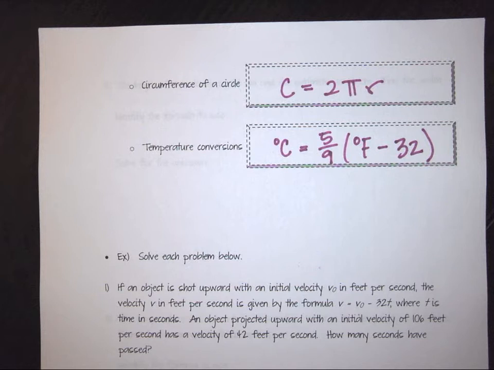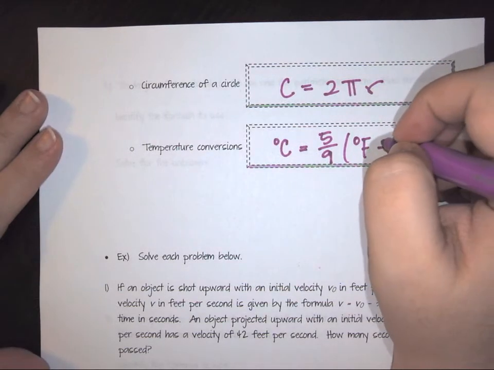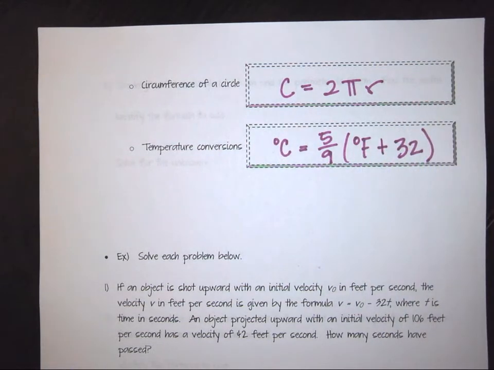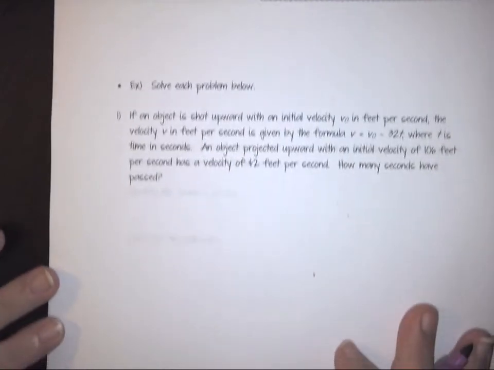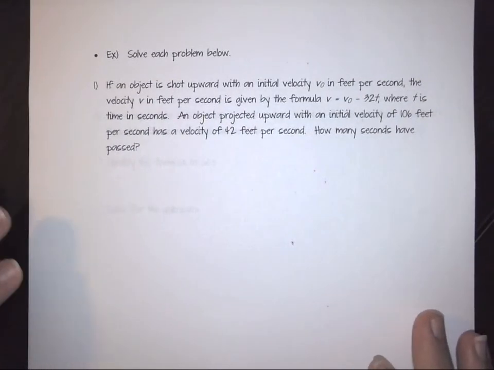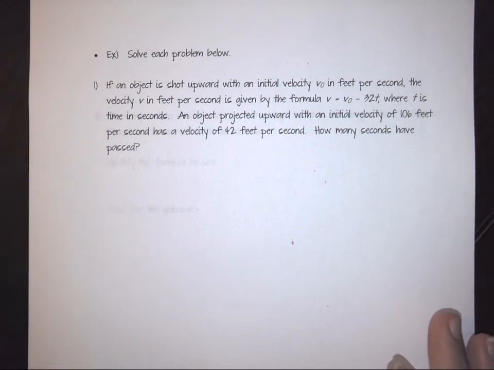I'm sorry, I actually think that's plus 32. When we're working with these formulas, one of the things we have to be able to do is read what we have and then use the information accordingly.